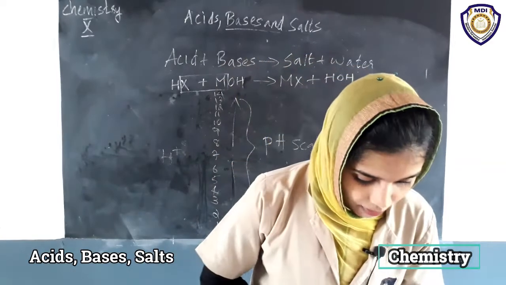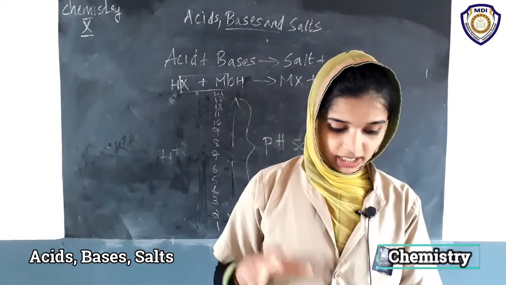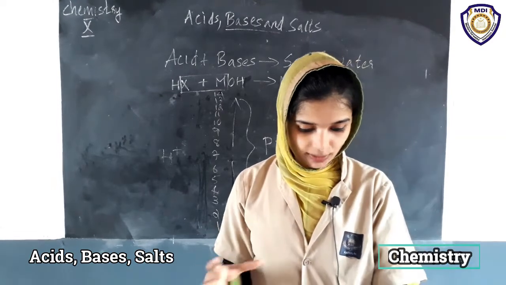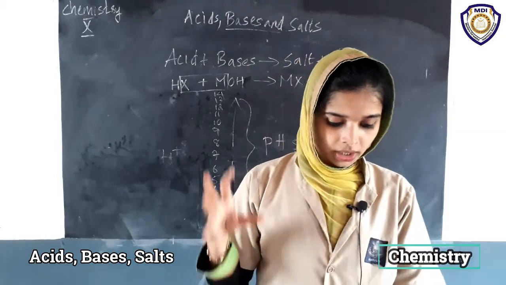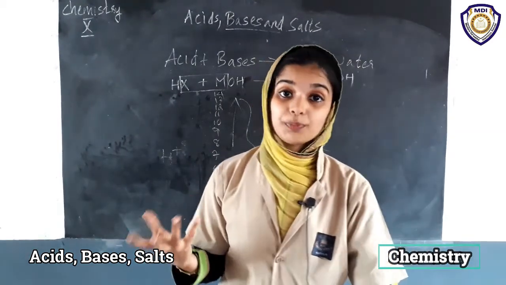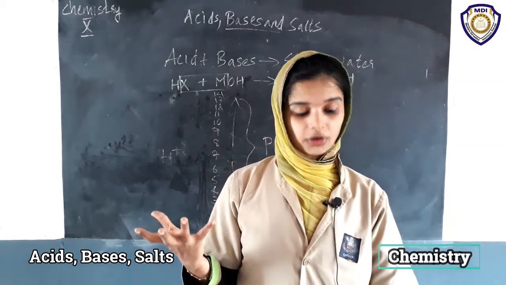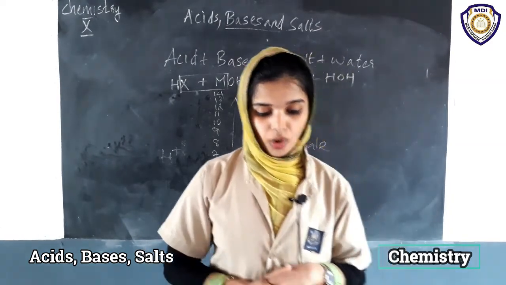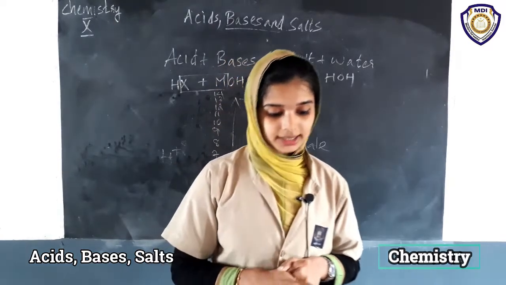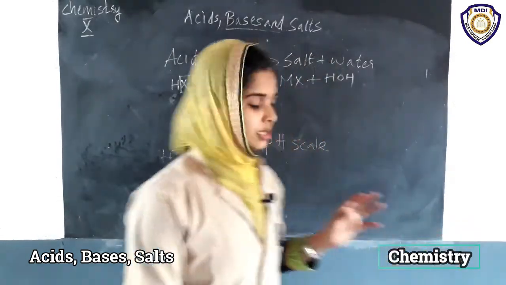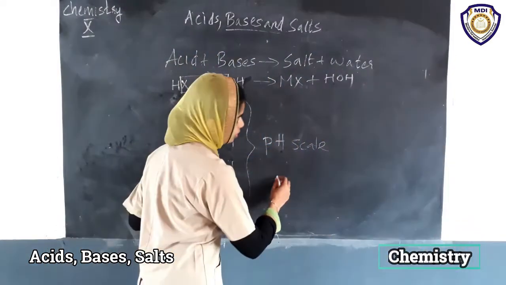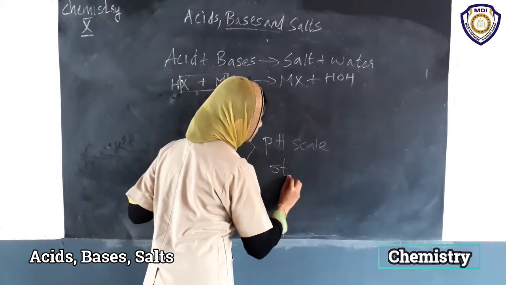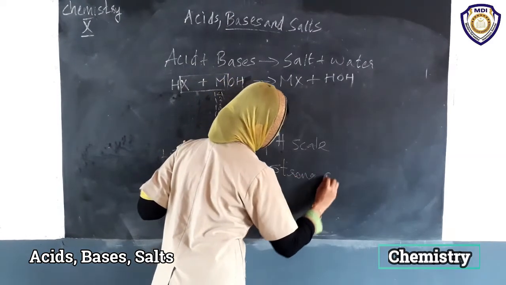When we take 1 molar each of acetic acid and hydrochloric acid with the same concentration, these will produce different amounts of hydrogen ions. Acids that give more H plus ions are said to be strong acids. So acid solutions which give more H plus ions are called strong acids.